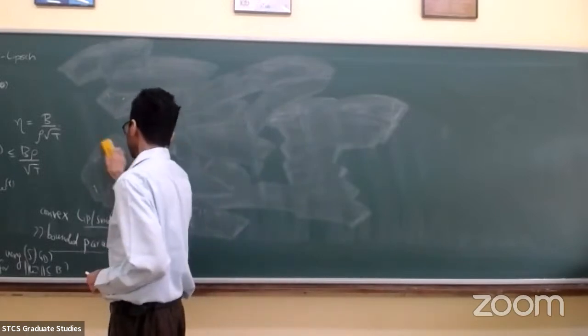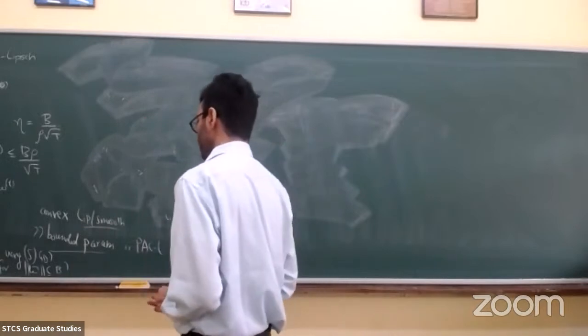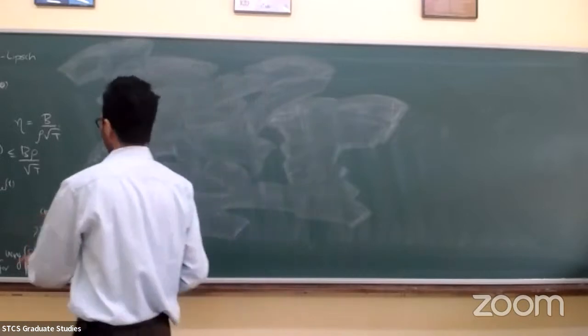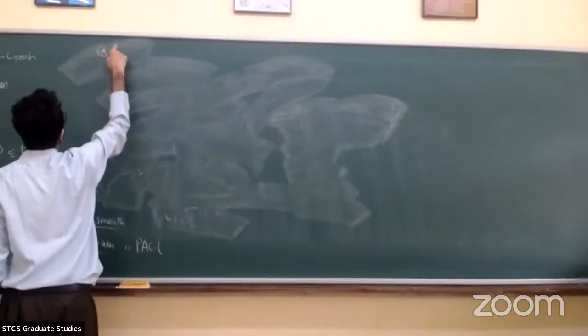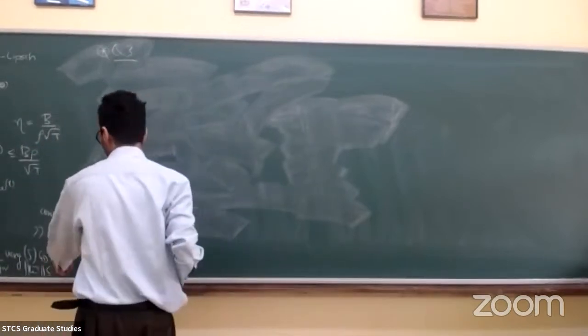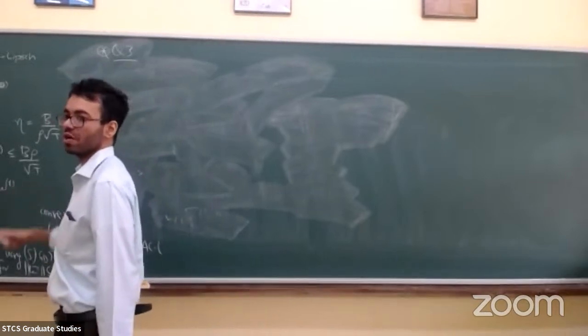So the trick is to add a projection step. I want to keep the norm of W bar simple, so I will keep the norm of every WT simple.